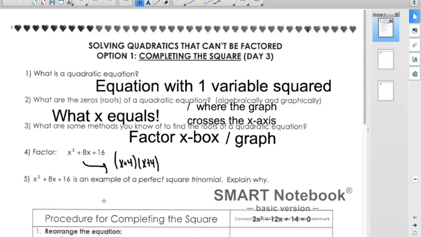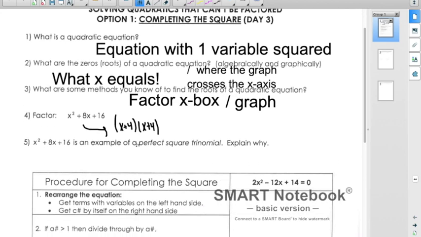And it says x squared plus 8x plus 16 is an example of a perfect square trinomial. Explain why. Okay, well, the key words here are what's italicized. Perfect square trinomial. And what that means is that when we factor it out, we get the same thing twice.